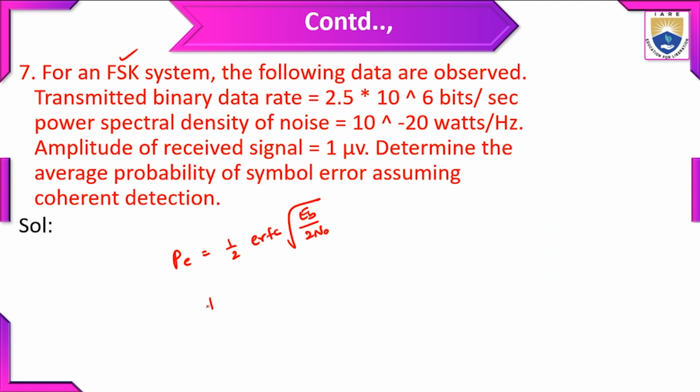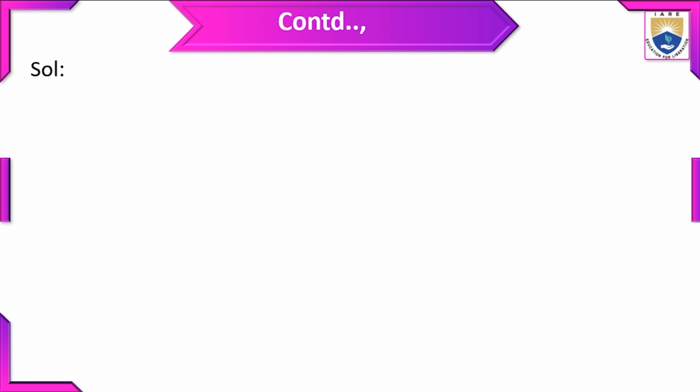And you know that the bit duration is equal to 1 by RB. So EB, energy per bit, is equal to A square T by 2.